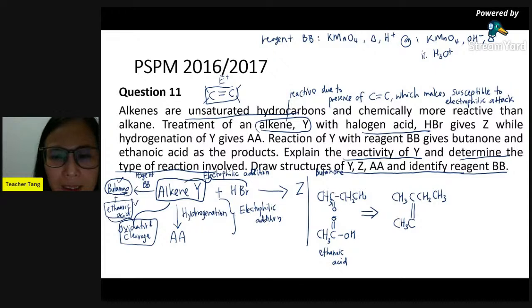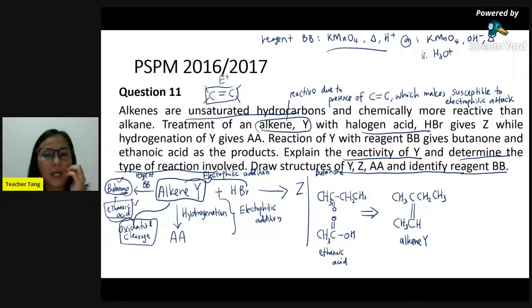Remember, this become OH disebabkan oleh KMnO4 further oxidize the aldehyde. So sekarang kita mau lukis balik the alkene. So here must be the H. So this is your alkene Y. So sudah dapat alkene Y, then we can deduce what is our Z.